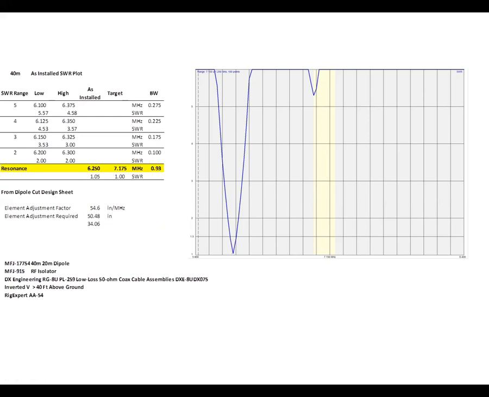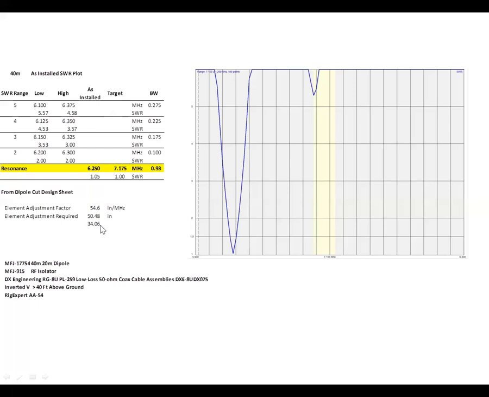So as you make your length of the element shorter, this resonant frequency goes up. So what we need to do is to figure out how much we need to shorten the element to get that resonant frequency here. And this is what I kind of did, the calculations I did to do that.